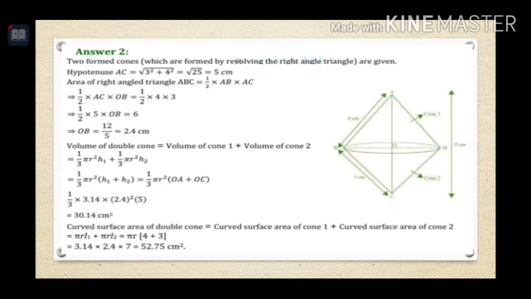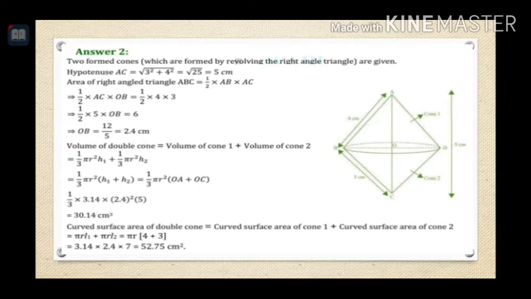Therefore, for area of right angle triangle, you can use the formula as half into AB into BC as well as half into AC into OB. Look here, AC is the base and OB is the height. Now if you do the calculation, the value of OB will become 2.4. That is, the radius of the base of the cone is equal to 2.4 cm.